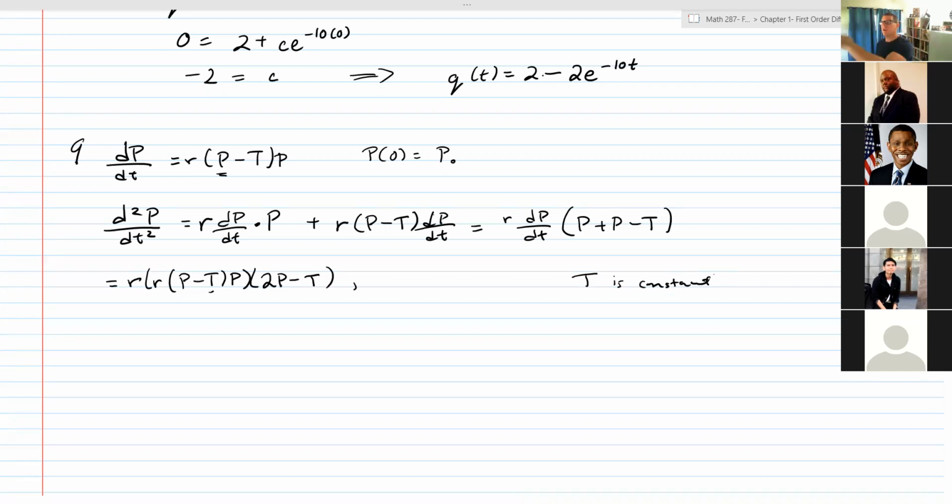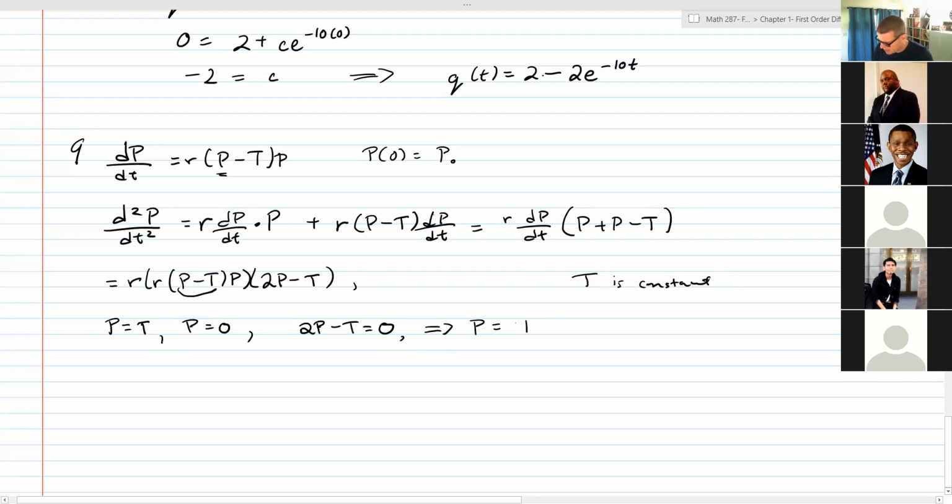We have straight across slopes instead of a slope field, so we just need to consider in terms of P. Our changes in concavity are going to be when P equals T, because that's P minus T equals 0, when P equals 0, and when 2P minus T is equal to 0, which means P is equal to T over 2. And so those are our changes in concavity.